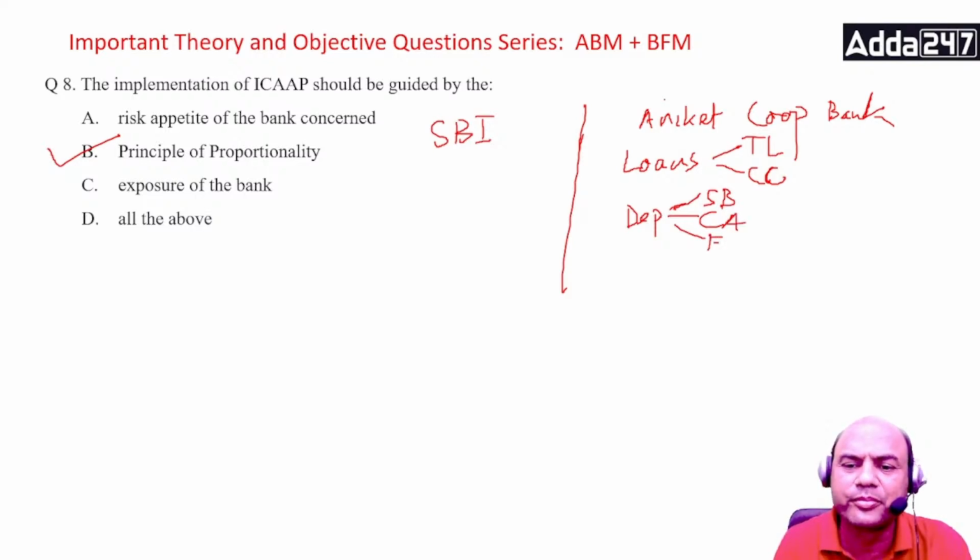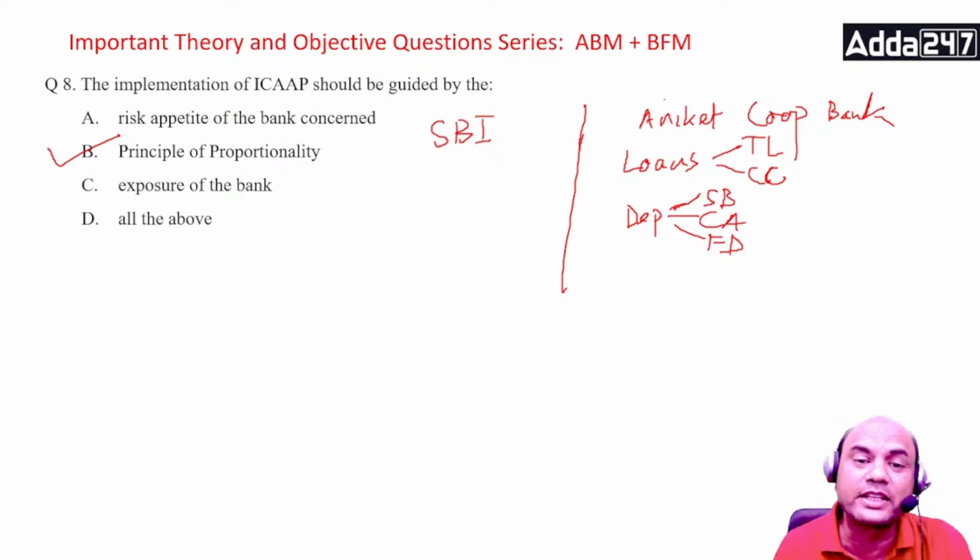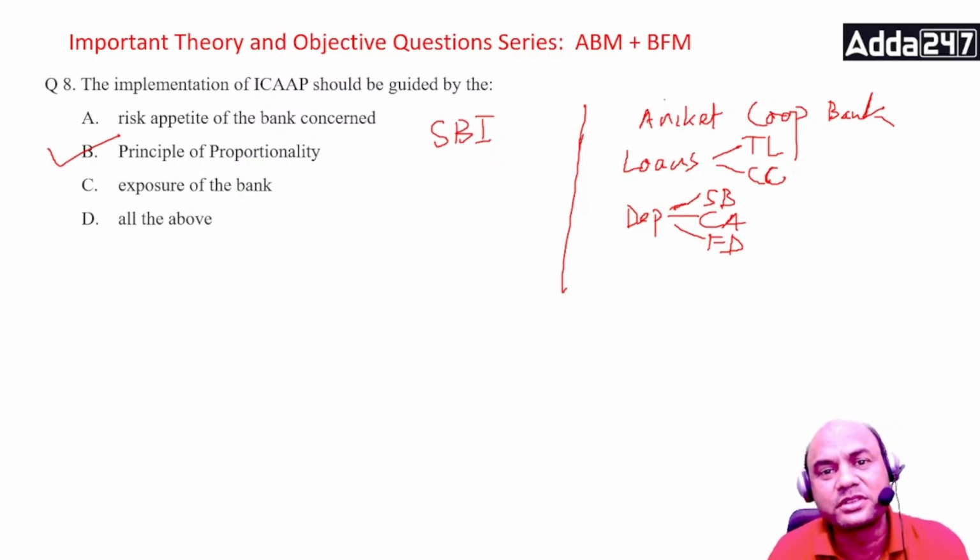Simple job. This bank is dealing in only these things. No LC, no guarantee, no derivatives, nothing. But SBI is having 1,000 things: loans, deposits, derivatives, then traded derivatives, untraded derivatives, then LC, funded, non-funded, takeout finance, all these things.